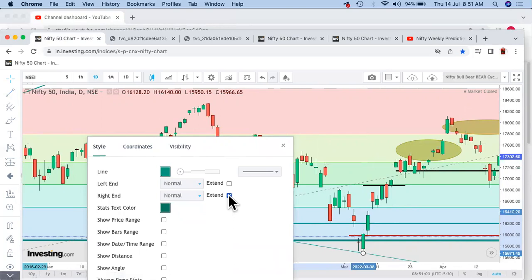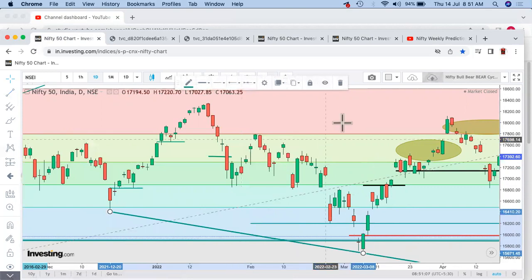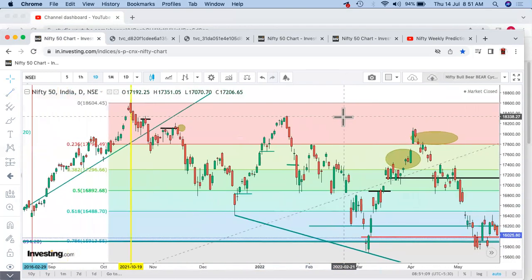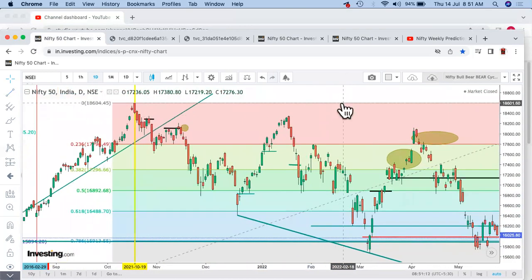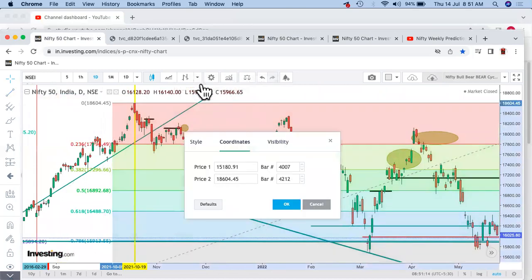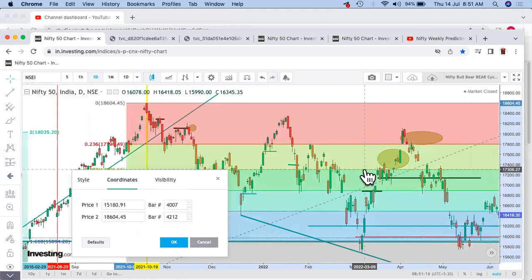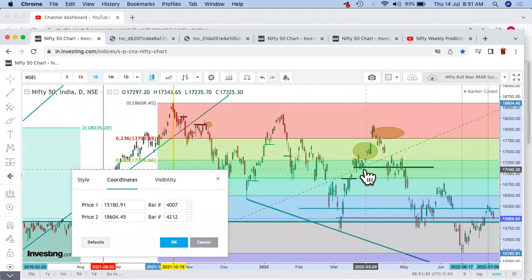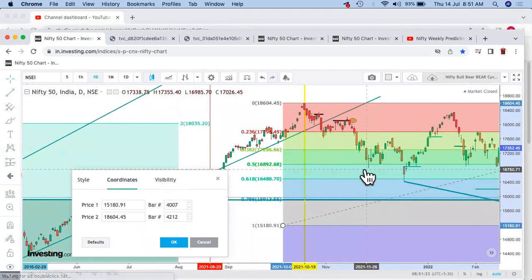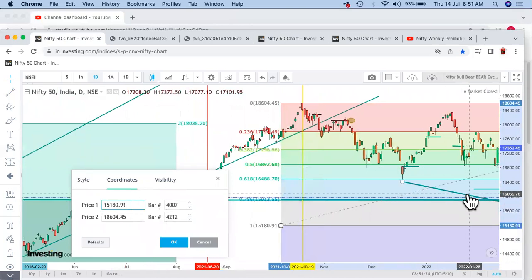We'll just extend this and darken this a bit. I'll mark this in terms of points also, because we are getting precise over here. I need to be precise on the top part also. First of all I'll check with the bottom.